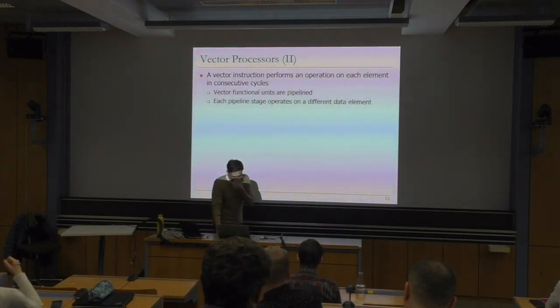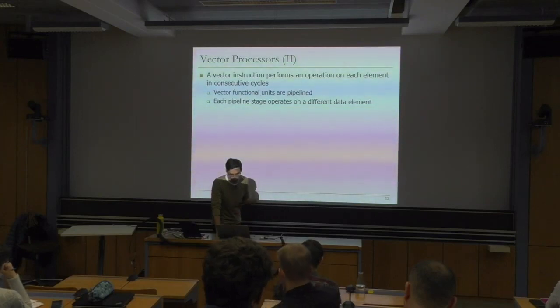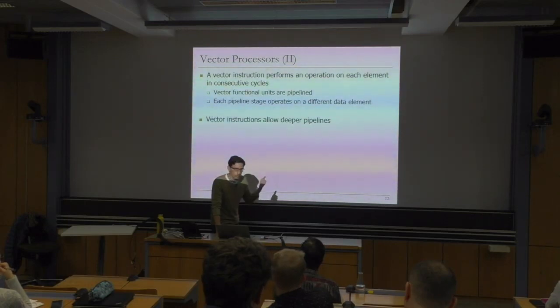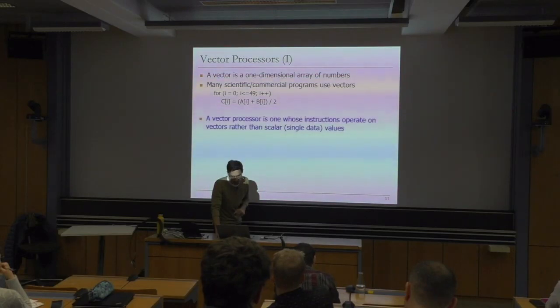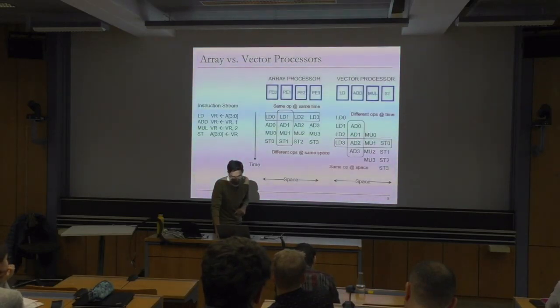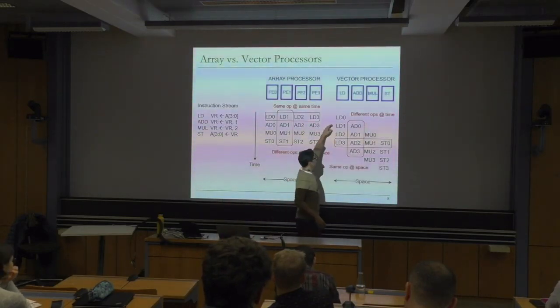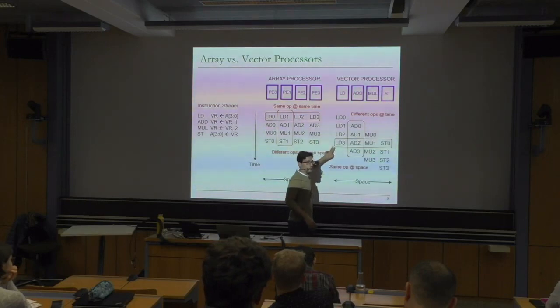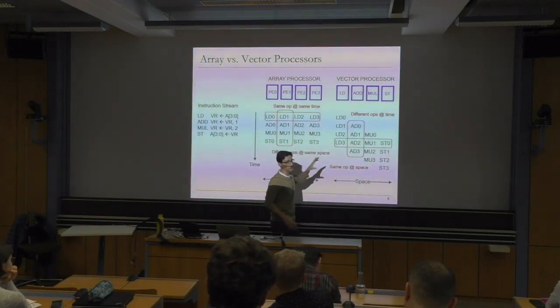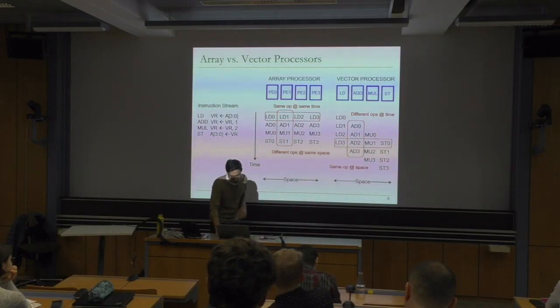So, a vector instruction performs an operation on each element in consecutive cycles. This is what we saw in the comparison here. We operate on different elements in different cycles. This is the case in vector processors.